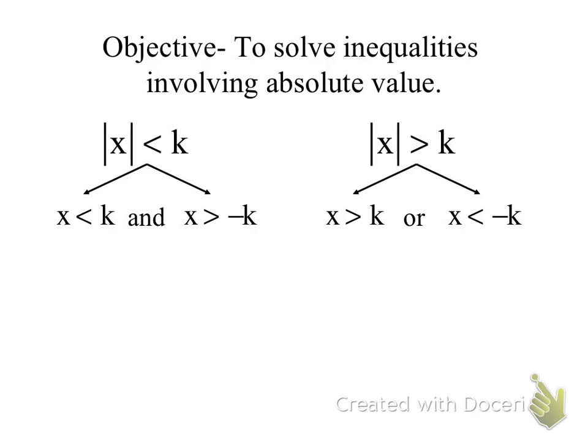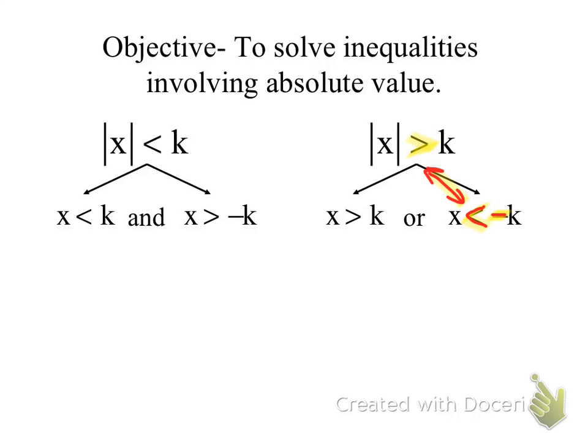Now notice, again, one more time, because I'm setting it equal to the negative, I have to switch the sign from that direction to this direction. Are you noticing that? Because it's the opposite, I have to switch the directionality of the sign.